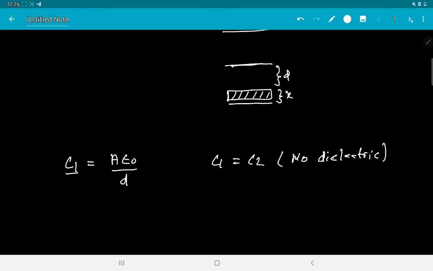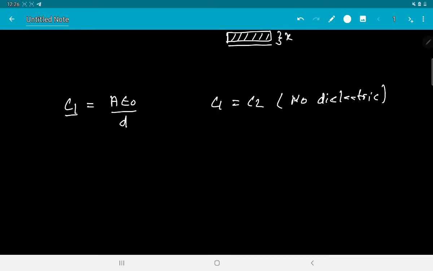So we can write C1 is equal to A epsilon naught divided by D. Capacitance of C2 is given by the equation A epsilon naught divided by, here the distance between the plates is D plus X, but we have also introduced a dielectric of thickness T, so we subtract T and add T divided by dielectric constant, that is K.